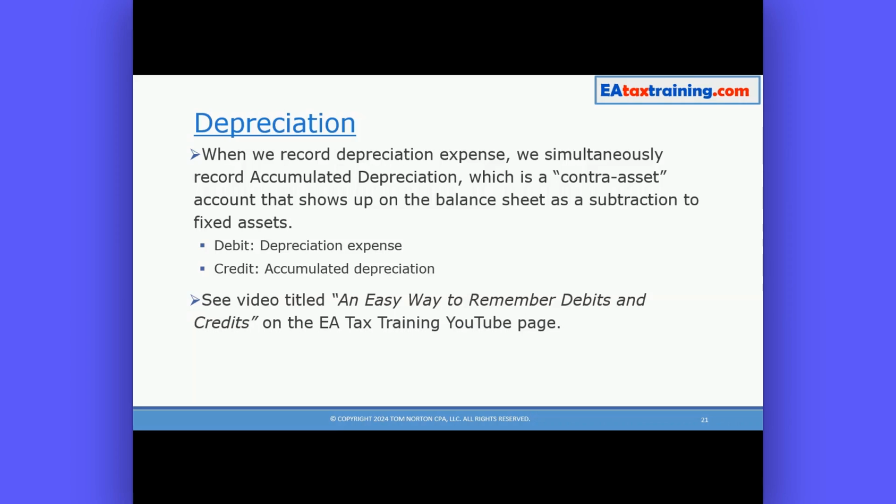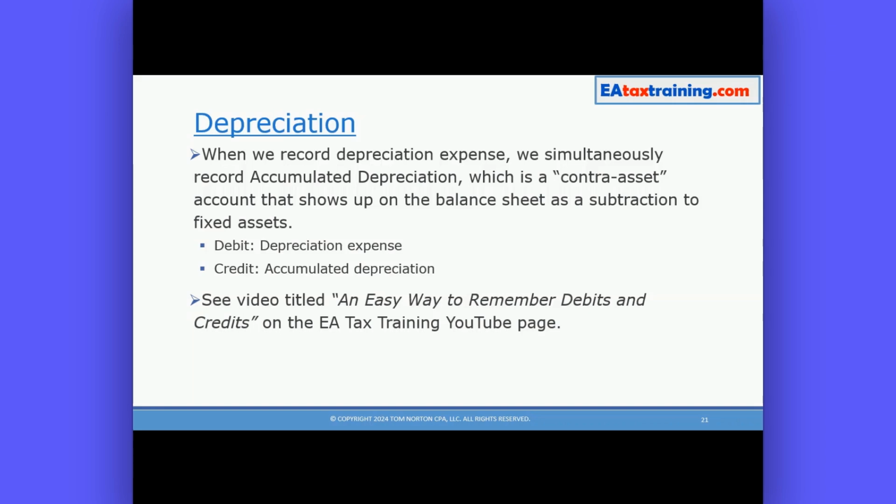So remember when we talked about double entry accounting, and we said every transaction has to have two offsetting entries. So the offsetting entries for recording depreciation is we would do a debit to depreciation expense, and we would do a credit to accumulated depreciation. Of course, there would be dollar amounts associated with that. That's all I'm going to say here.